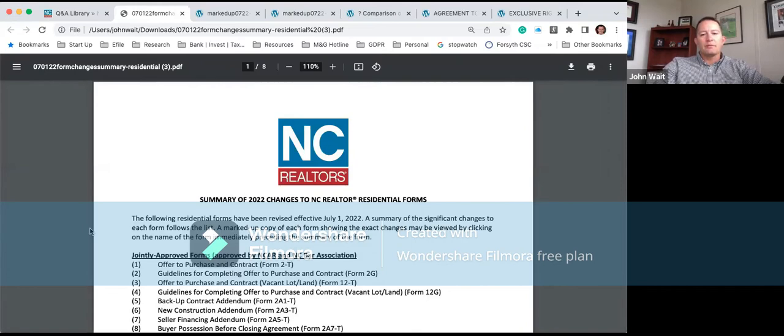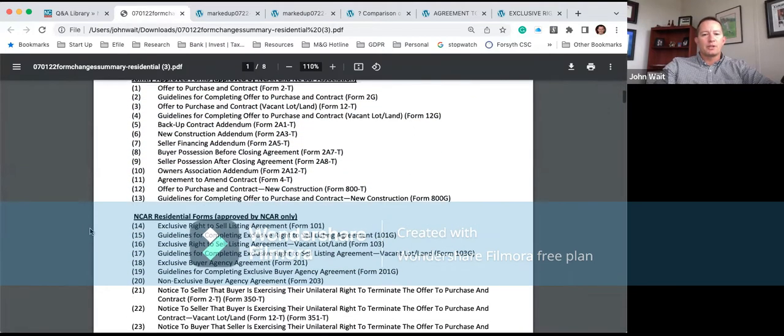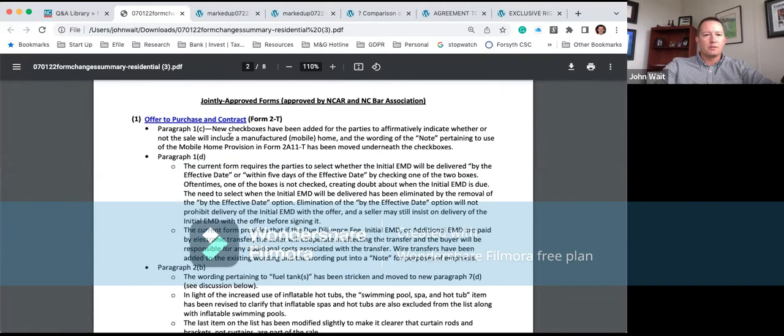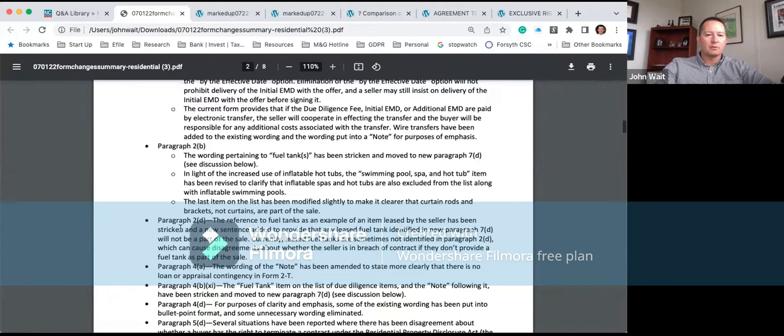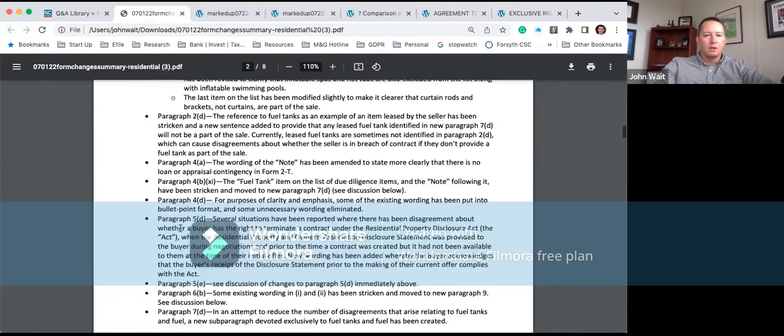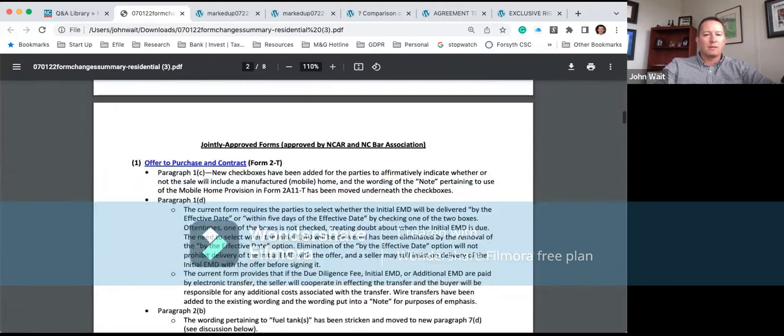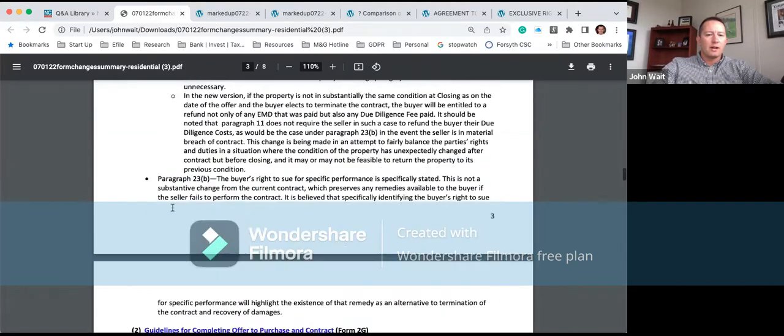This is a PDF that has not just notes. See here, it starts with the offer to purchase contract, and it has notes about every single change that was made. But it doesn't just have notes. I'm not going to go through these notes today because that'd be kind of boring. What I am going to do is notice every form has a hyperlink.